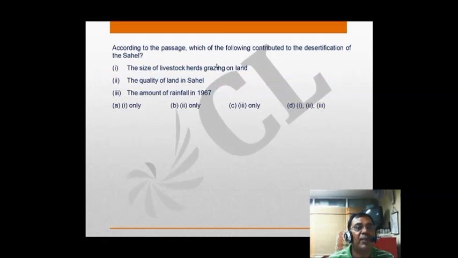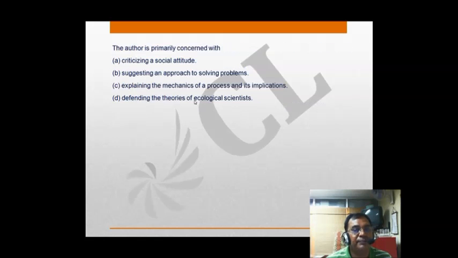Then, which of the following contributed to the desertification of Sahel? The size of livestock grazing on the land, obviously it affected. The amount of rainfall in 1967, I'll have to go back and check what was given there.